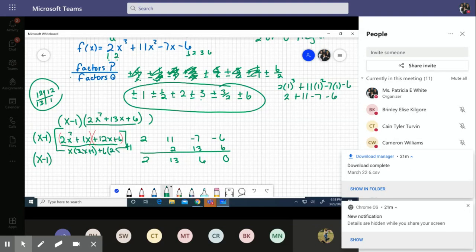And that would leave me with 2x plus 1, right? So that leaves me with x plus 6 and 2x plus 1. So what are my zeros? I have a positive 1, a negative 6, and a negative 1/2.